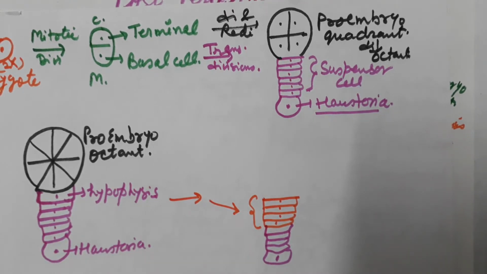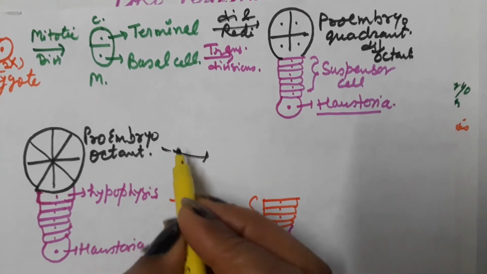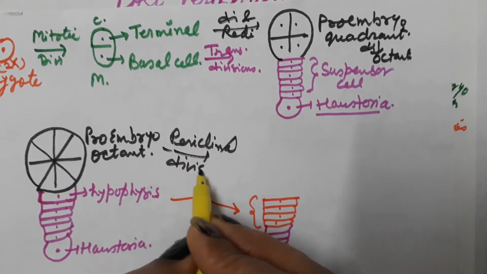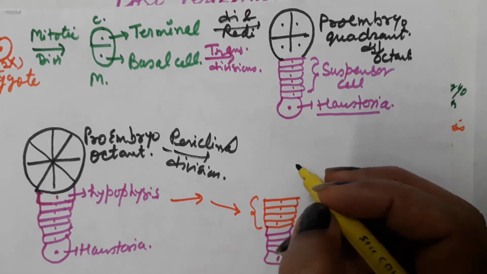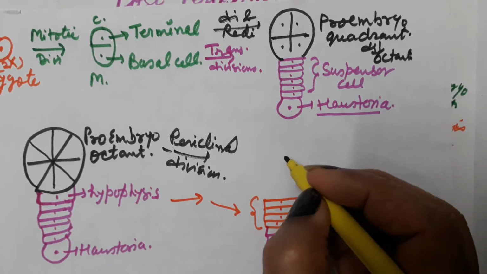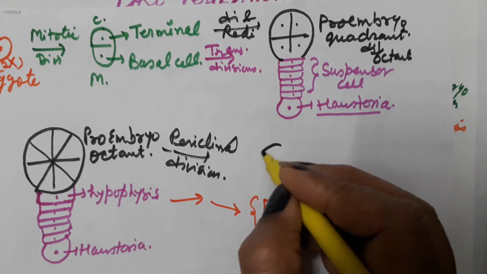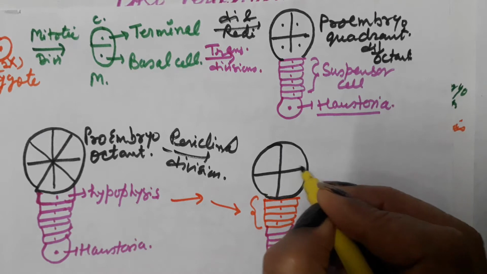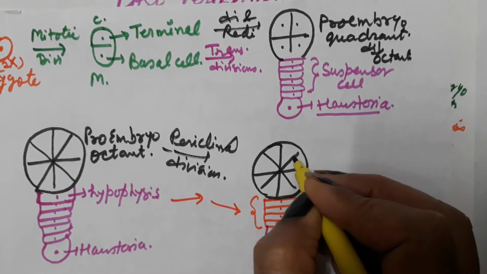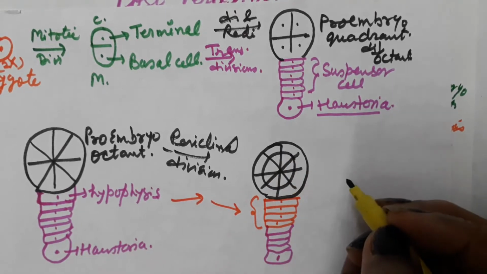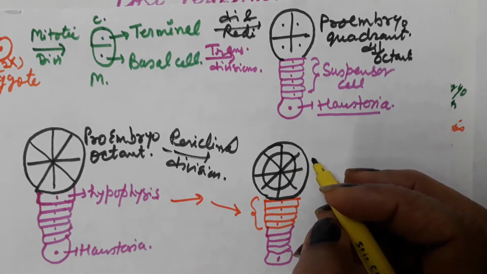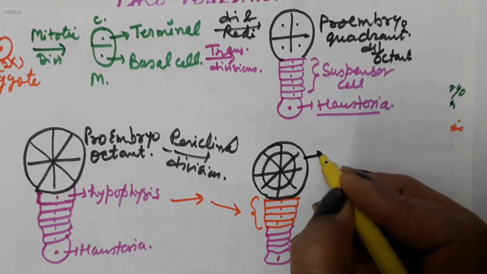In the proembryo octant, periclinal division takes place and a large number of cells are produced. The layer which is produced outside is known as the dermatogen.